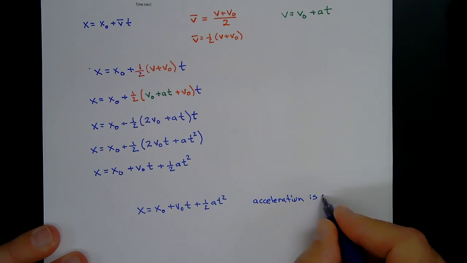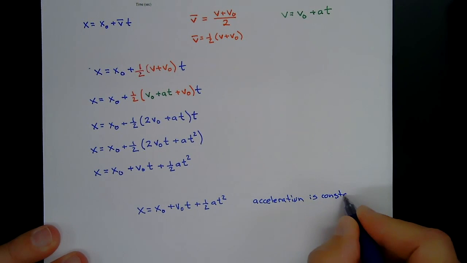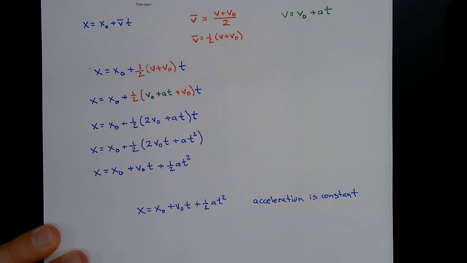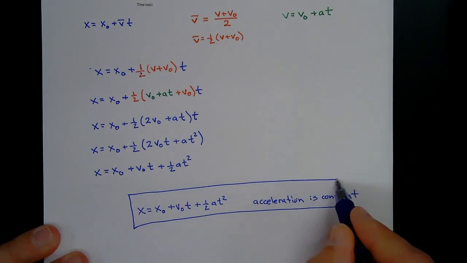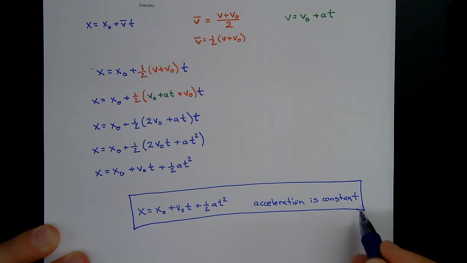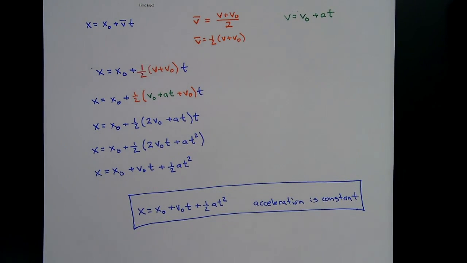Acceleration is constant, or we also say it's uniform acceleration, okay? So that's important. You can't use this if the acceleration is changing. If it's always the same number, you can use it. Like if the acceleration is always 2 meters per second squared, you can use this formula, okay?